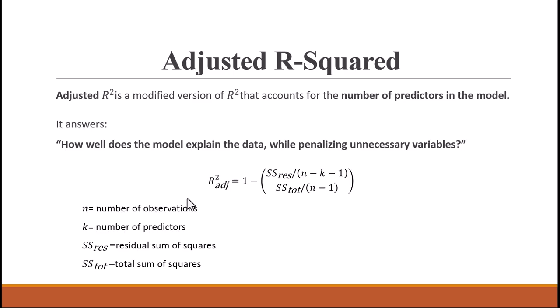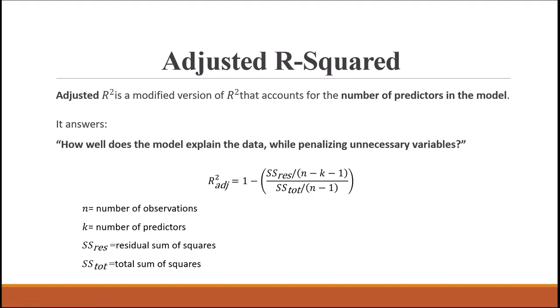And what is adjusted R squared? Adjusted R squared is a better metric in comparison to R squared. Why? Because it helps us understand how well the model explains the data, and also penalizes unnecessary variables and prevents overfitting, and it explains how generalizable our model is to unseen data.